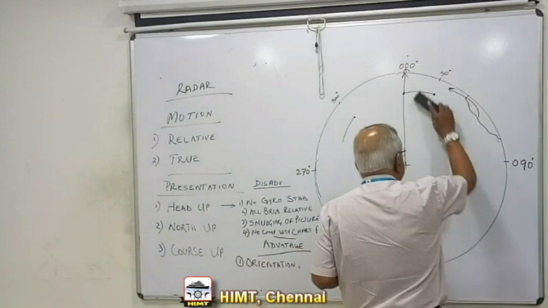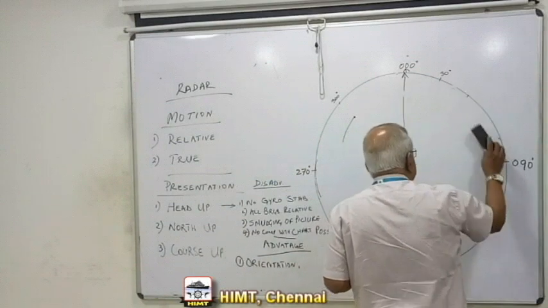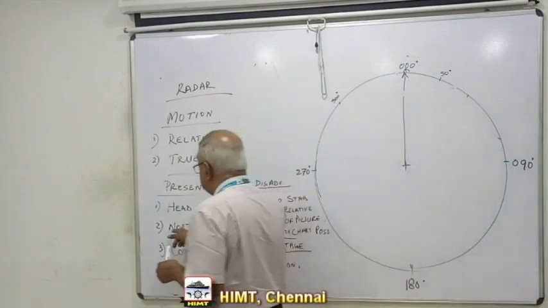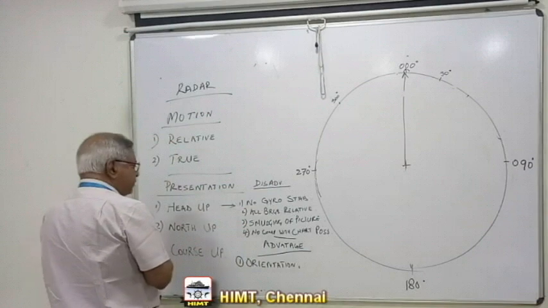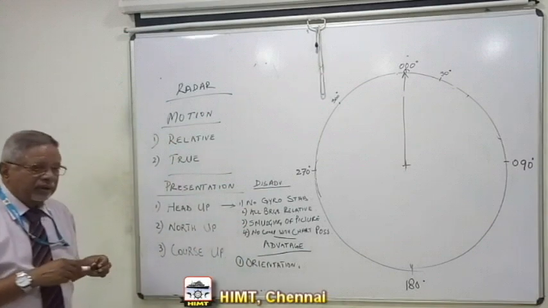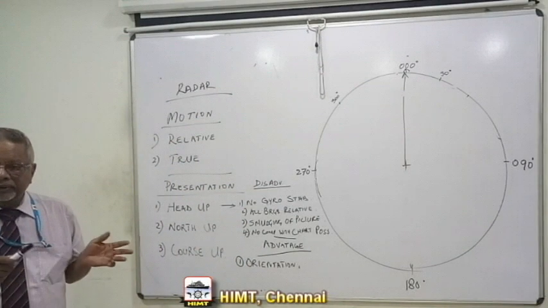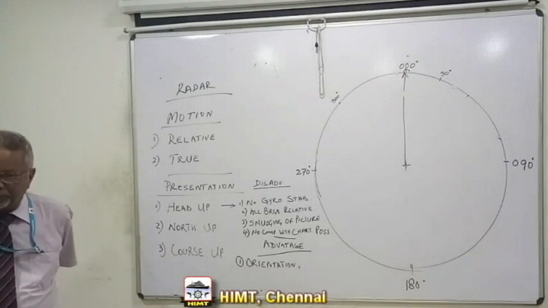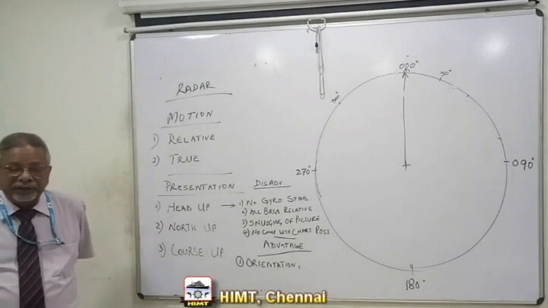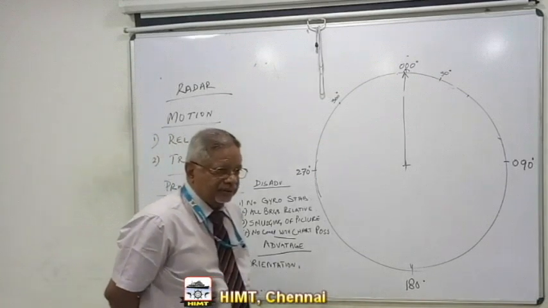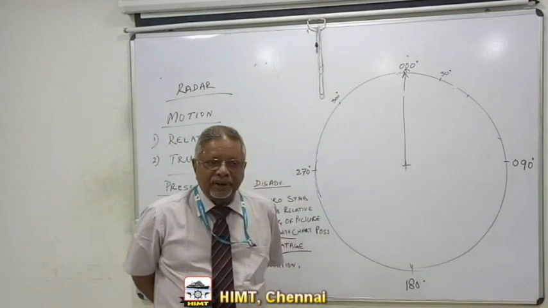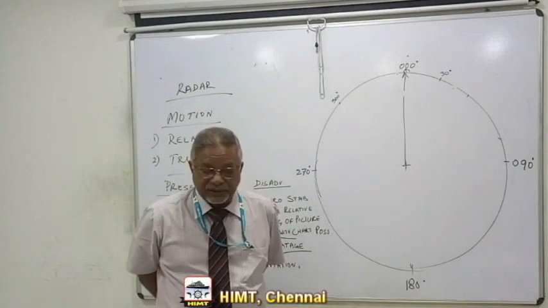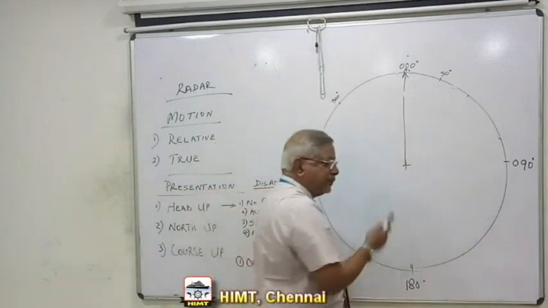Now, let us go to north-up. In the north-up presentation, your gyro feed is given to the radar, thereby it is gyro stabilized. Now that your radar is gyro stabilized, what does this PPI represent?